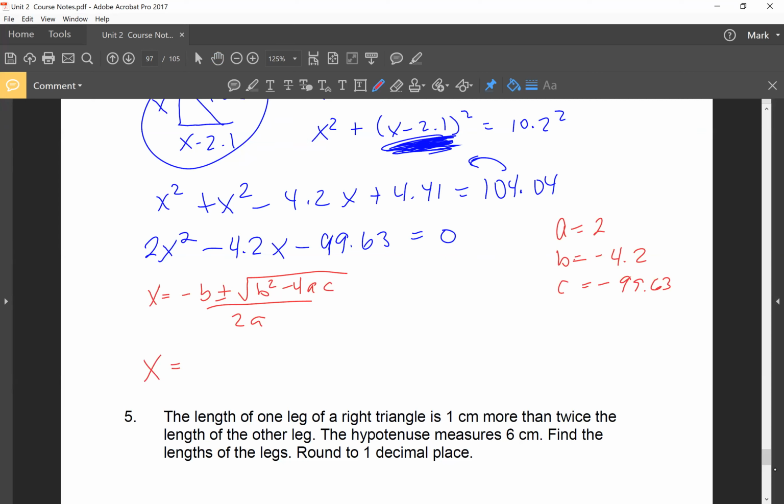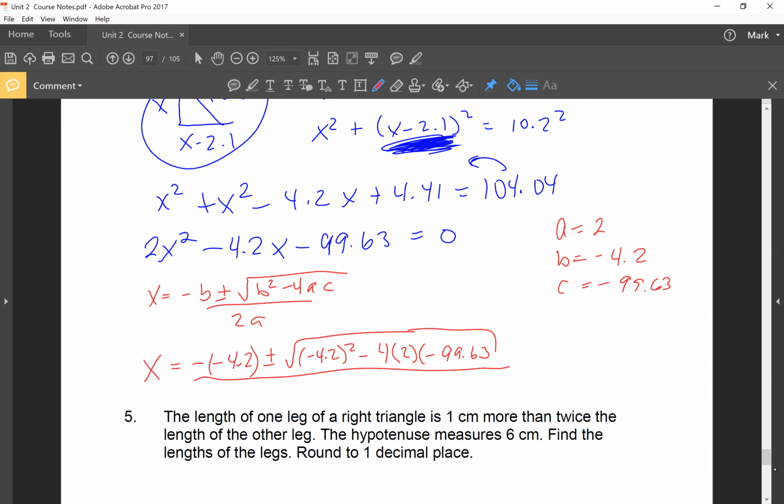X will be negative b, so negative negative 4.2, plus or minus the square root of negative 4.2 squared minus 4 times a times c, all divided by 2 times a.